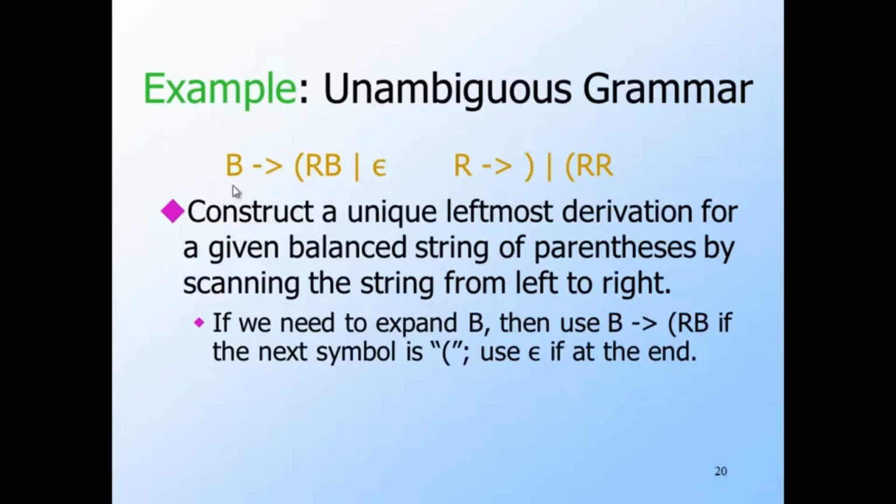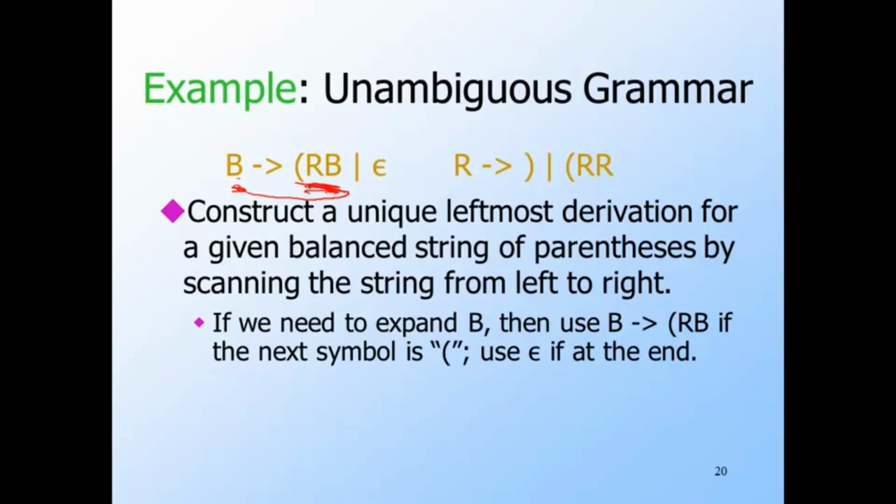That is, this b can only go to a string that has a b in it, and the only way a b can appear is if it was either the start symbol or it was the result of replacing this b at the end by the paren rb in that production.